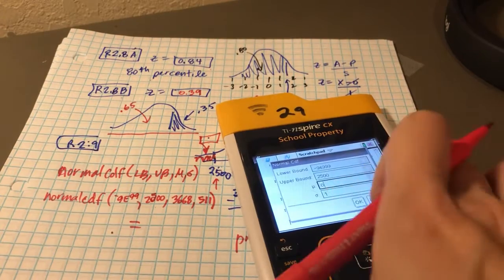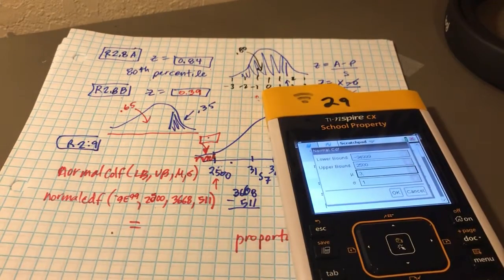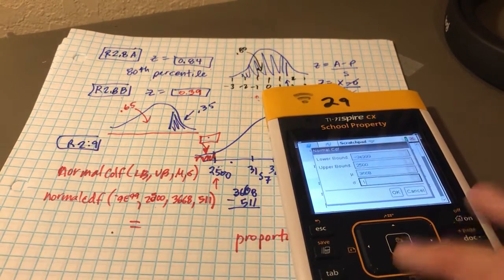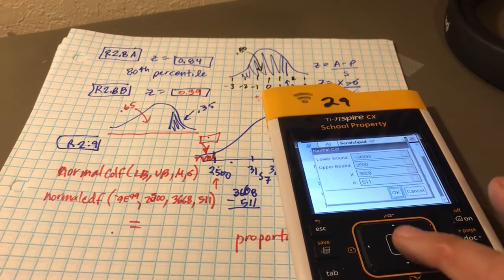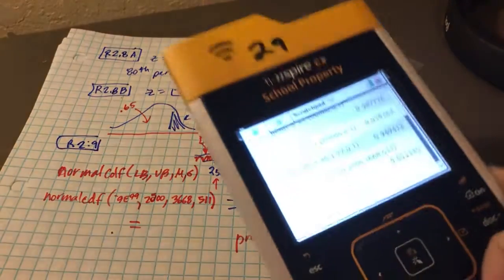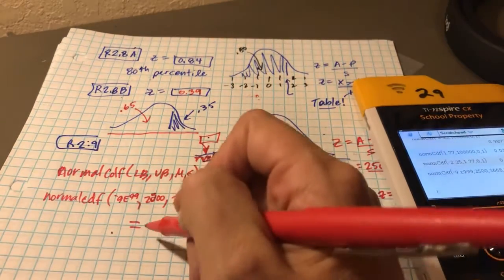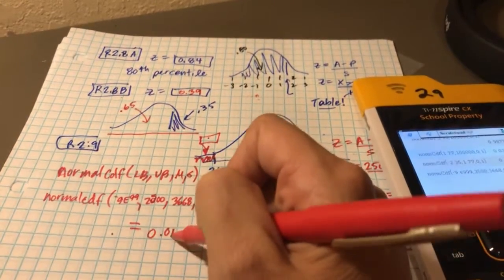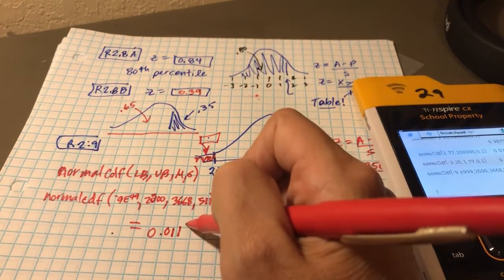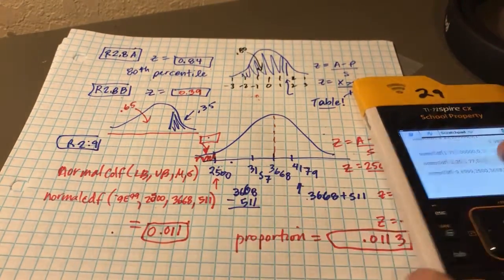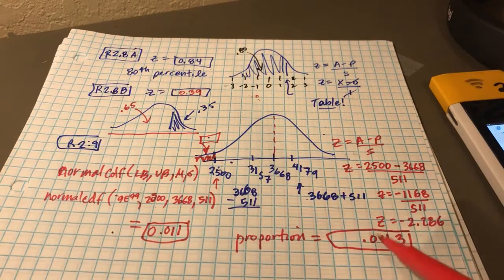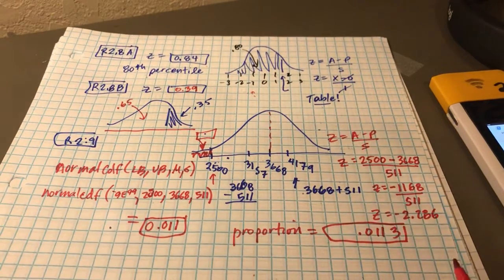Now I have to change this because my mean is 3,668 and my standard deviation is 511. I hit enter and I do get almost exactly the same number. So I would take either of these. If you do it by hand, it should look like this. And if you do it with a calculator, it looks like that.